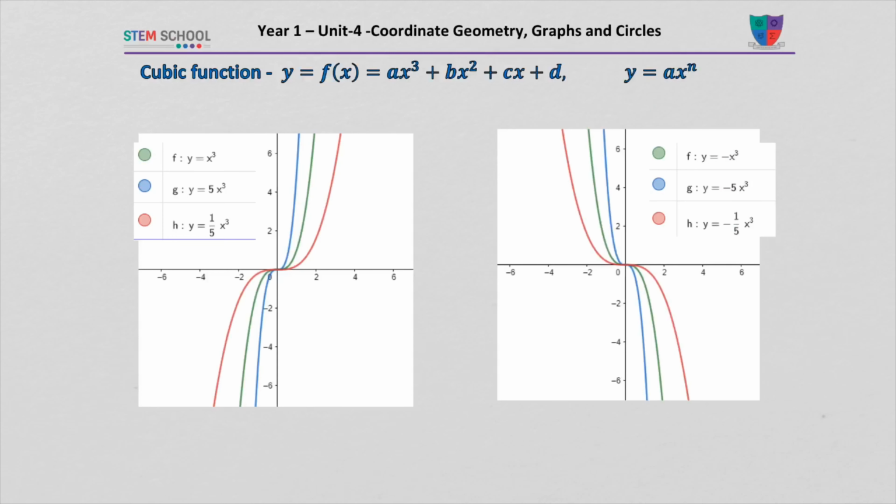In this case, a is minus 1, and here a equals minus 5, and here a equals minus 1/5. Here a equals 1, a equals 5, and a equals 1/5.